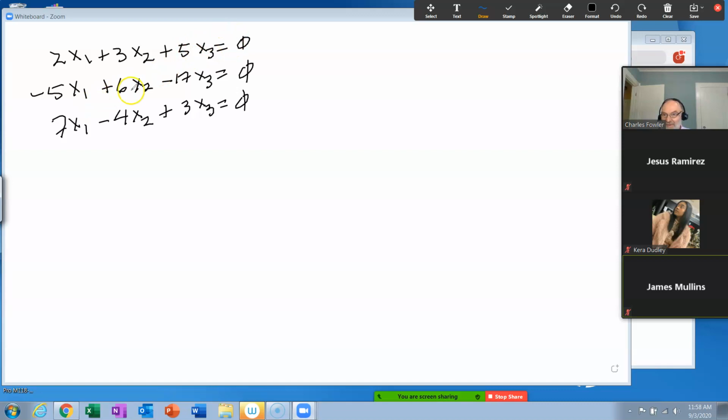Same thing in each equation. So 0, 0, 0, called the trivial solution, is a solution for all three of those linear equations. So it has at least one solution, the trivial solution. That makes it consistent.